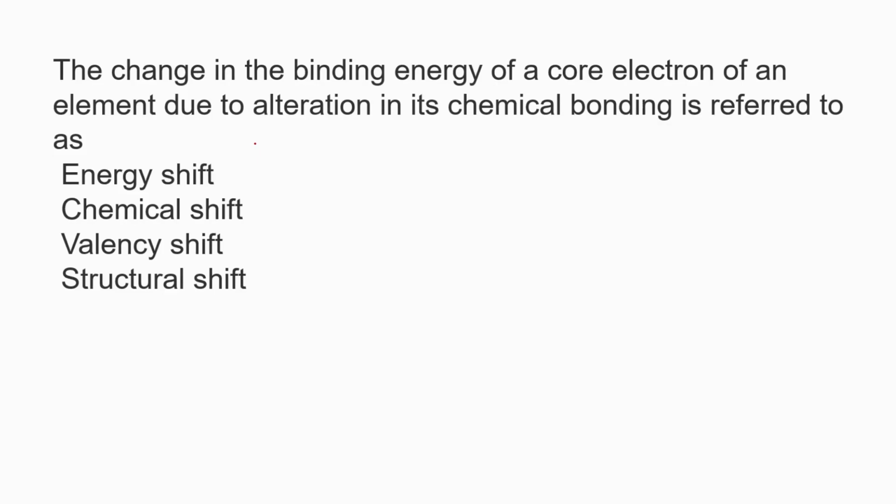Here is the next question. The change in the binding energy of a core electron of an element due to alteration in its chemical bonding is referred to as. Options are energy shift, chemical shift, valency shift, or structural shift.